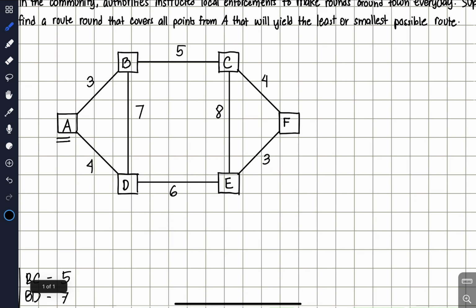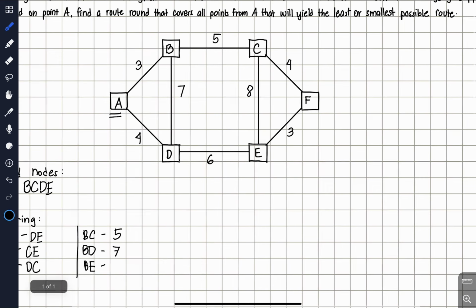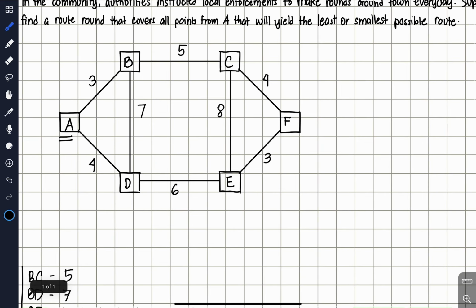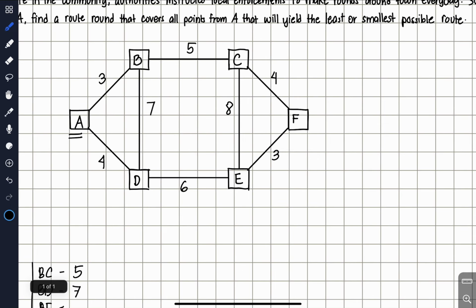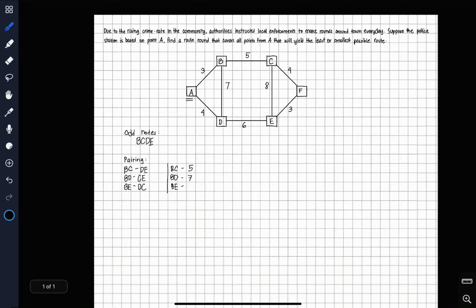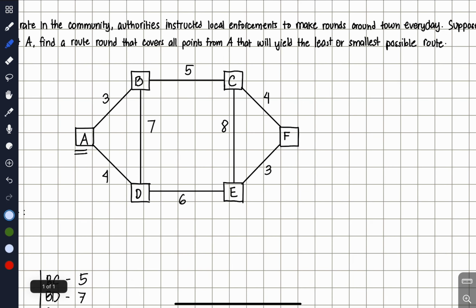let's see first. If we consider the routes from B to E, we have plenty of options. Looking here, if we go from, let's say, B to C to E, we'll have a total distance of 13.